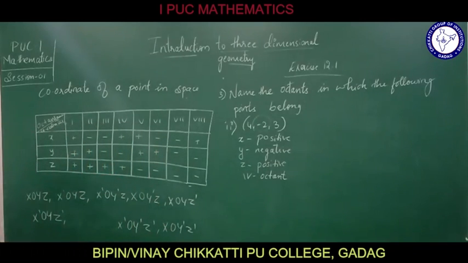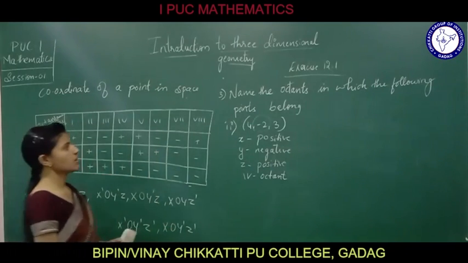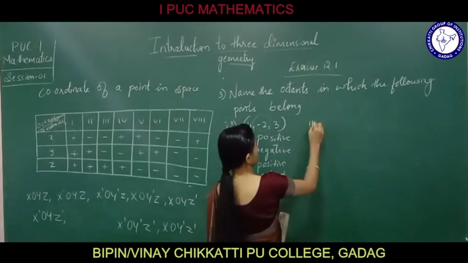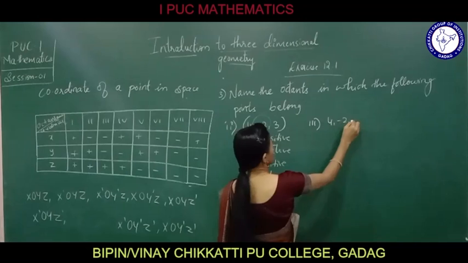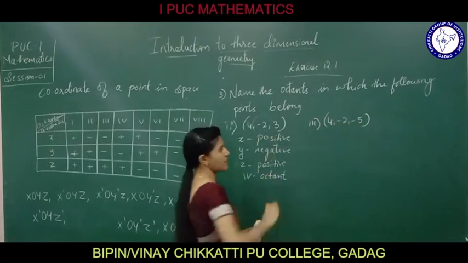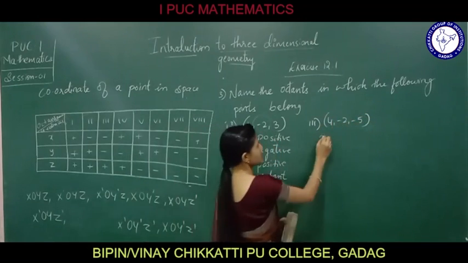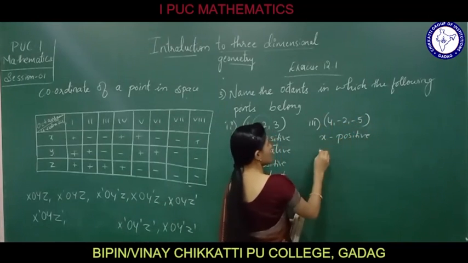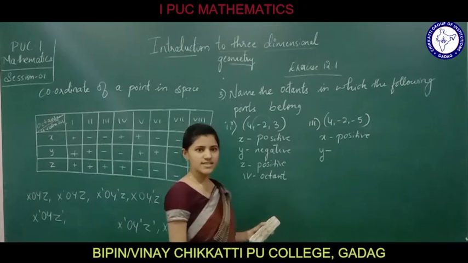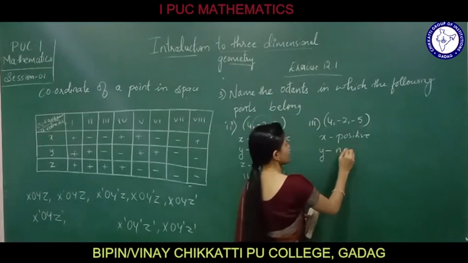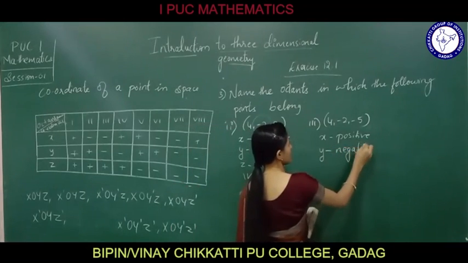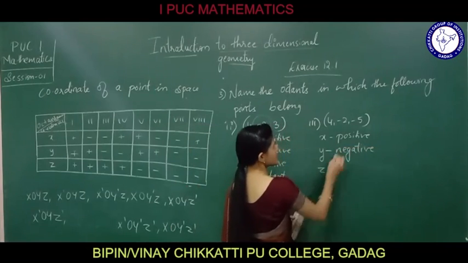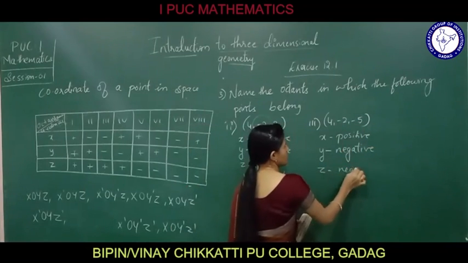The same way, what about the third question? The third point they have given as 4, minus 2, minus 5. See here, x is positive. What about y? Y is minus 2, in the sense y is negative. And what about z? Z is also negative.